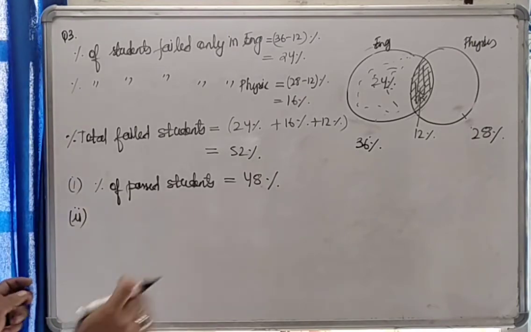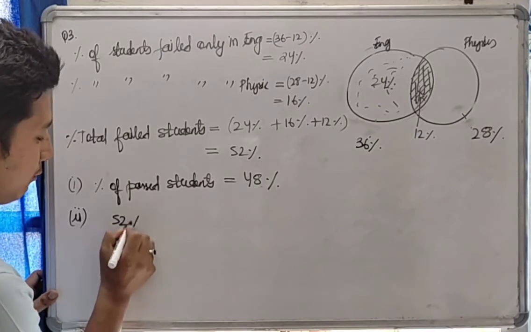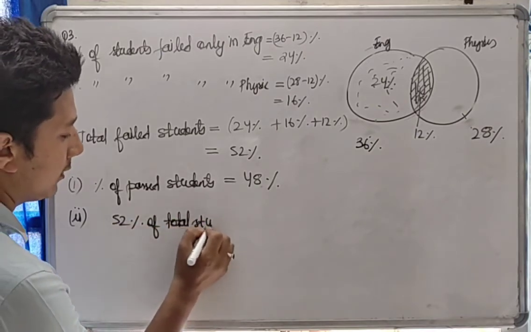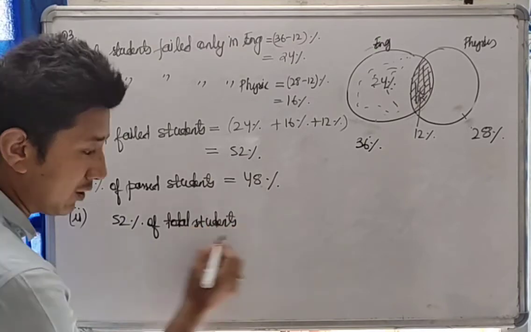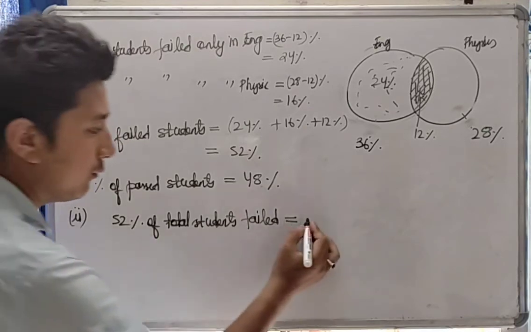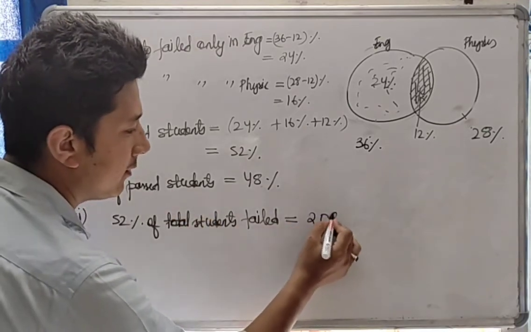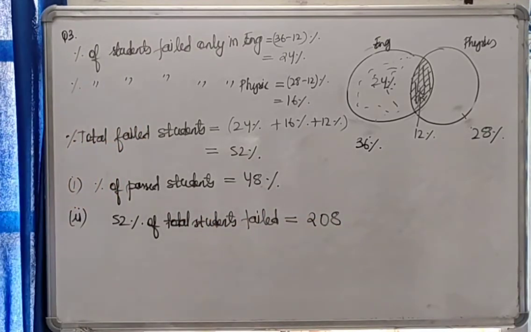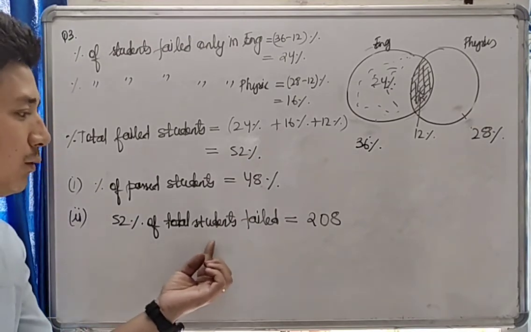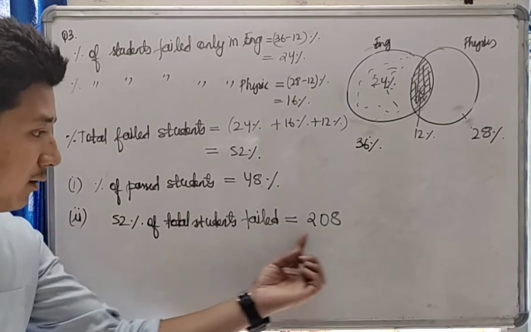So what we know is 52% of total students have actually failed. Can I equate this with 208? Please think for yourself properly. 52% of total students have failed. Is it equal to 208?